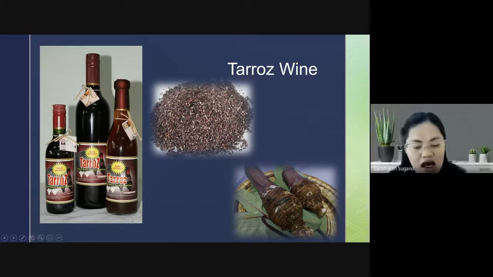That's why it is named taro, which is gabi in our term. The rice is sometimes called arroz, as in arroz caldo, so arroz means rice. It is coined from the two words, so it is now called taro wine.